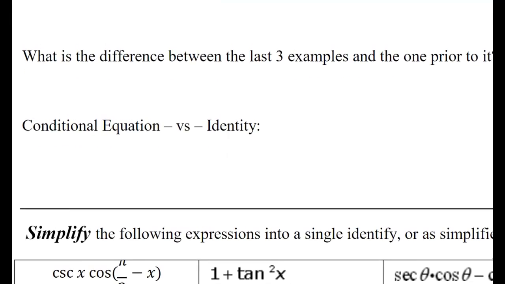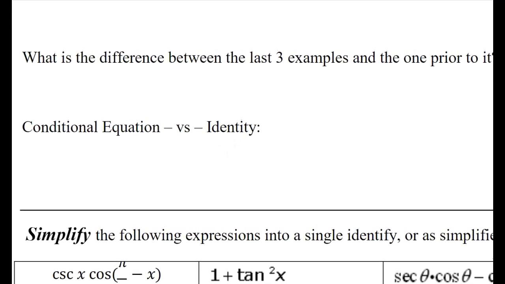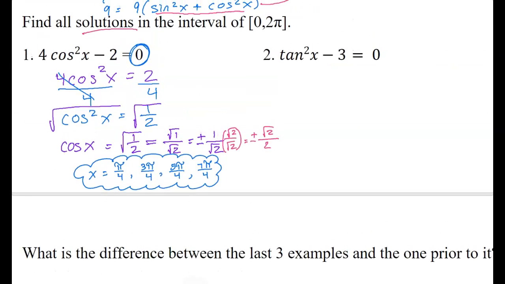That's what it's asking. You need to do this for, I believe I asked you on the Excel for these definitions. So first is the conditional equation, which is like the first example I went over.